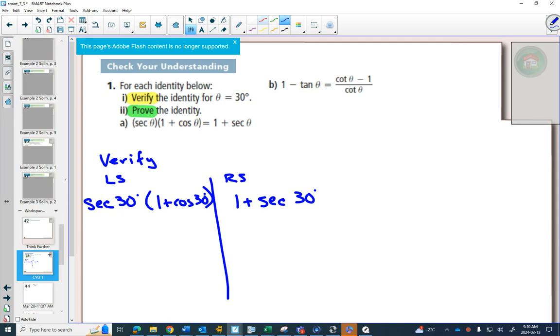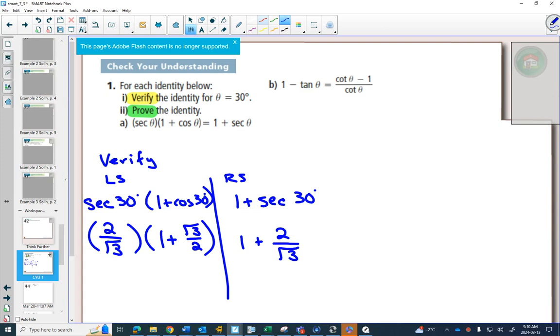It becomes a pie plate question, very much a chapter 6 kind of question, where we have to go to our pie plate. I know that cos of 30 degrees is root 3 over 2. That means secant of 30 degrees is 2 over root 3.